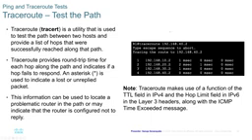Note that traceroute makes use of the time to live field in IPv4 and the hop limit field in IPv6 layer 3 headers, along with the ICMP time exceeded message. This is an important concept and will show up on your Cisco NetAcad exams, both CCNA and CCNP.